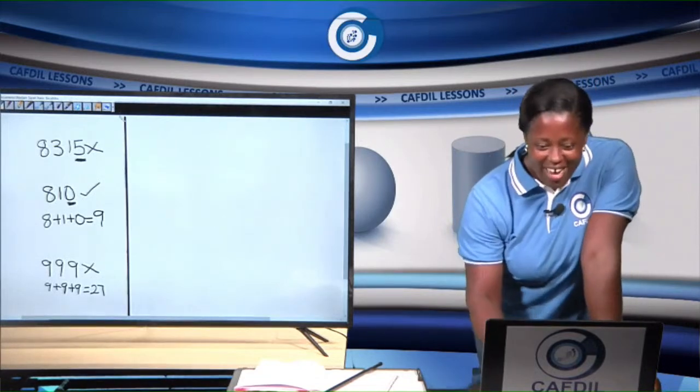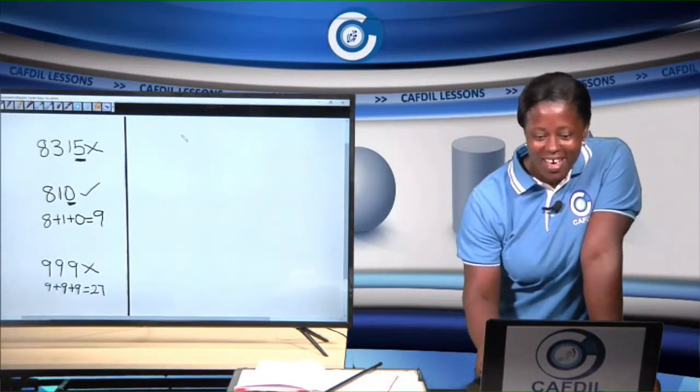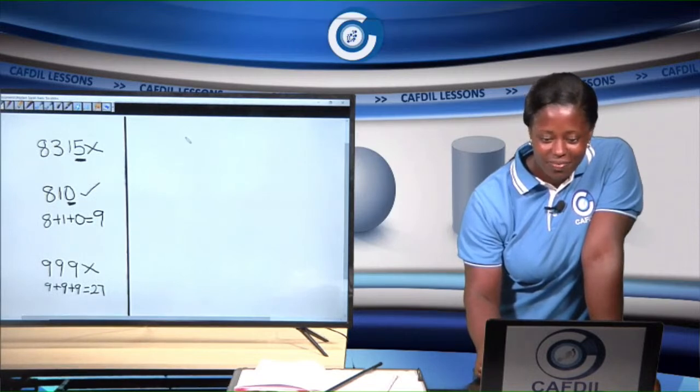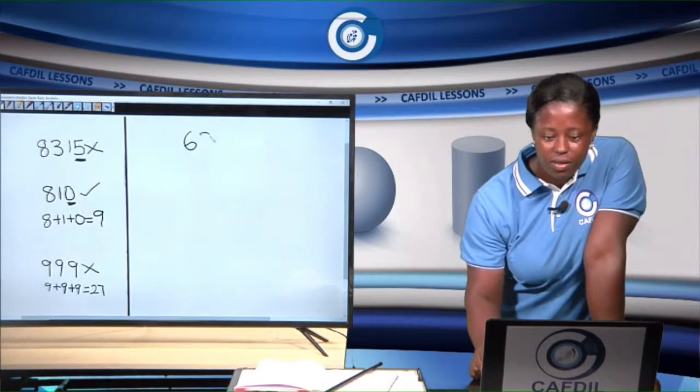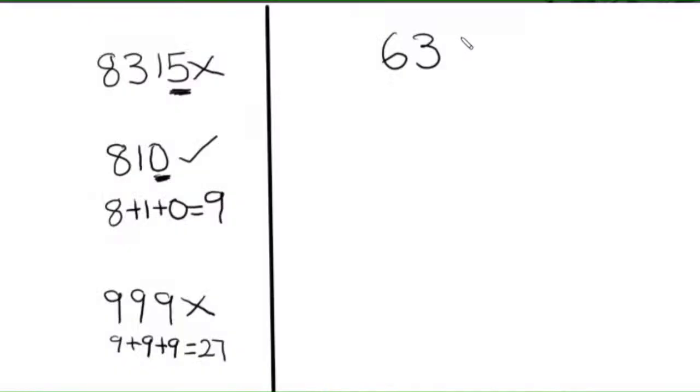Alright, let's try our last example. You have 6,360. Let's check if it is divisible by 18.